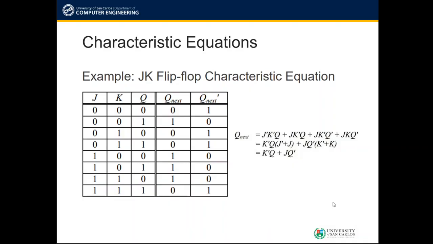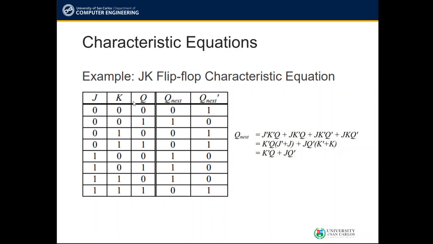So how would you generate characteristic equations from the flip-flops? For example, for the JK flip-flop, if we want to create the equation for that flip-flop, we base it on this truth table. Again, our output here is the Q next.